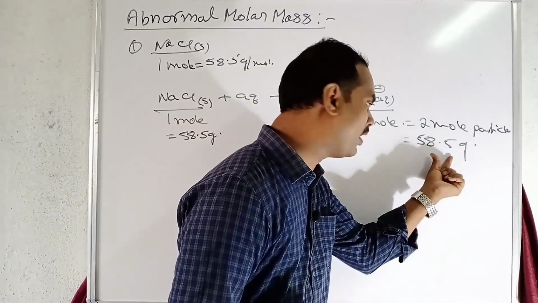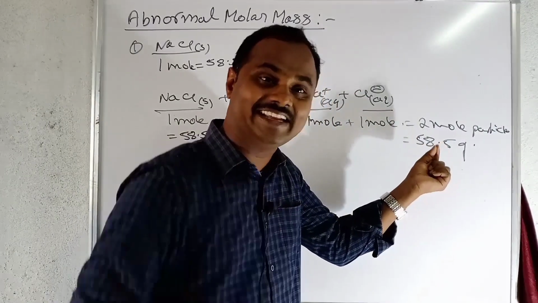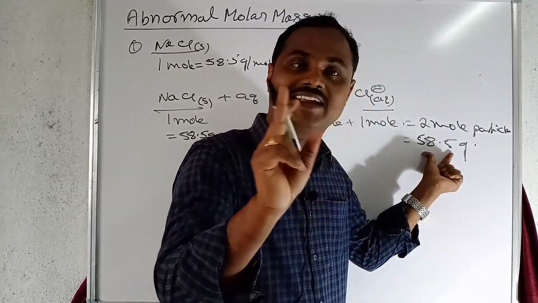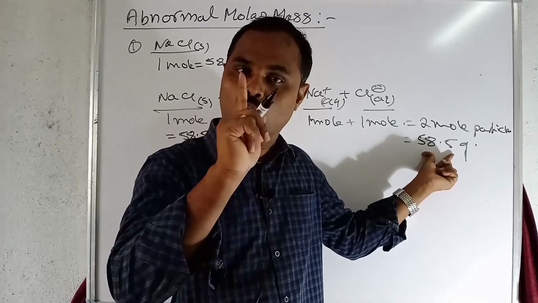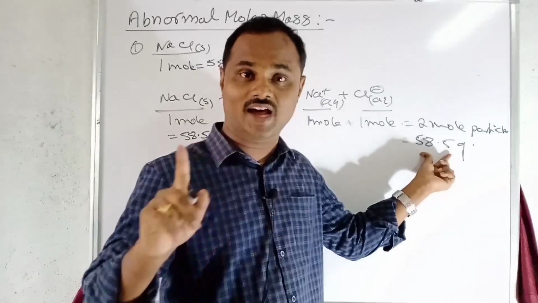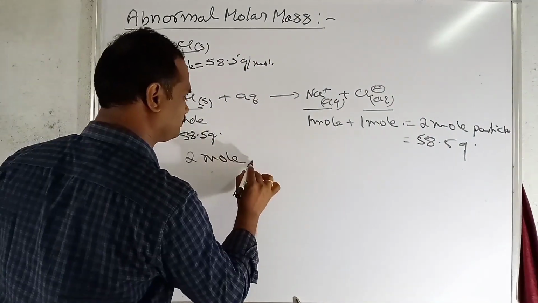But here 58.5 grams in solution indicates 2 moles of particles. 2 moles of particles we can't consider as molar mass. Only the mass of 1 mole of particles we call molar mass. Molar means 1 mole.